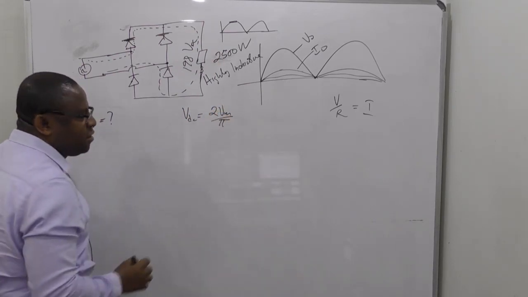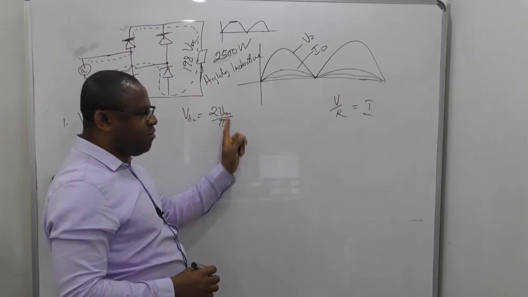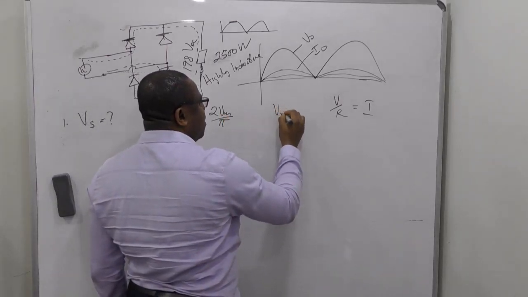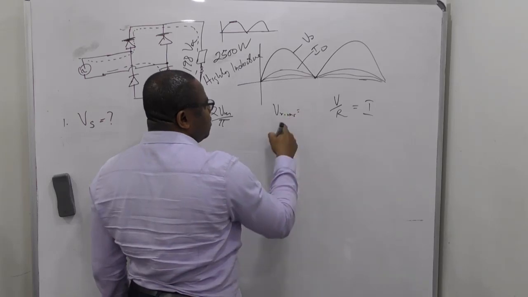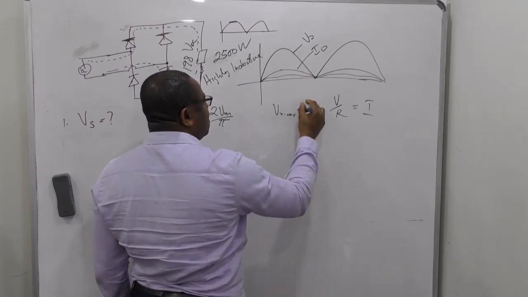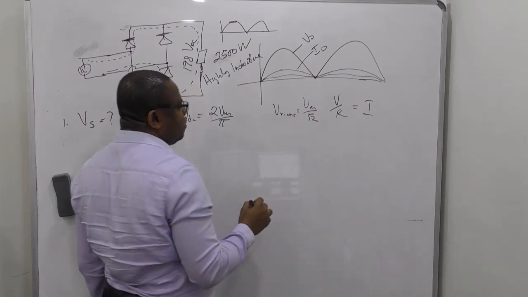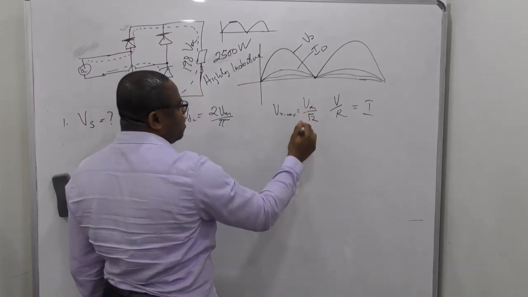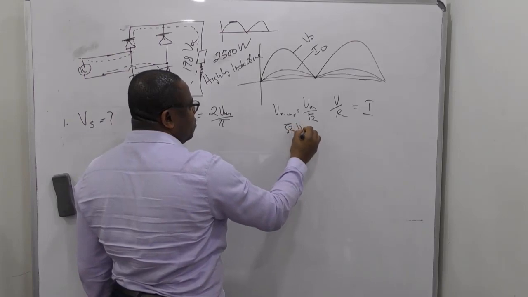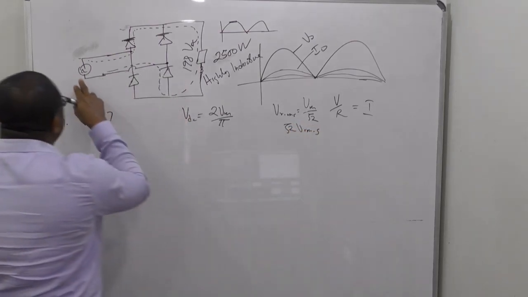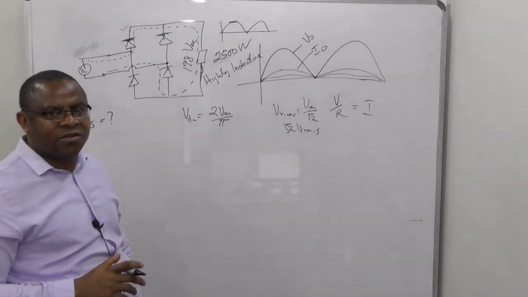The input RMS Vrms is V peak over root 2, so V peak becomes root 2 Vrms. This Vrms we're talking about is the source voltage.